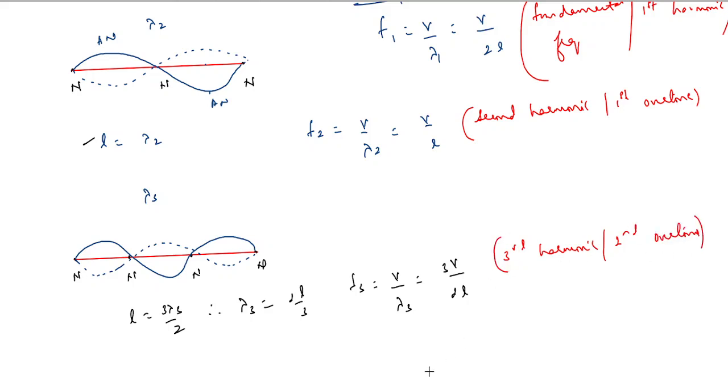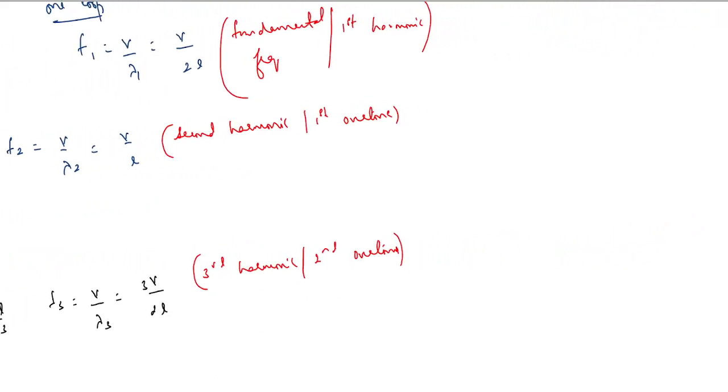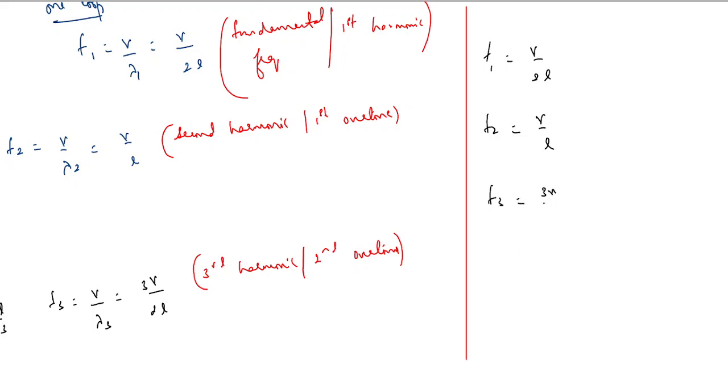If you observe the frequencies carefully, F1 is equal to V by 2L, F2 is V by L, and F3 is 3V by 2L. You can write this F2 also as 2V by 2L.